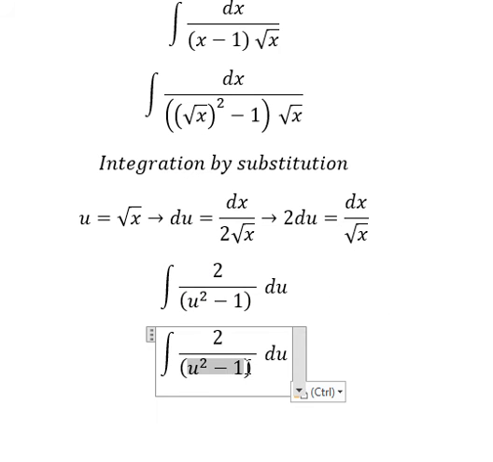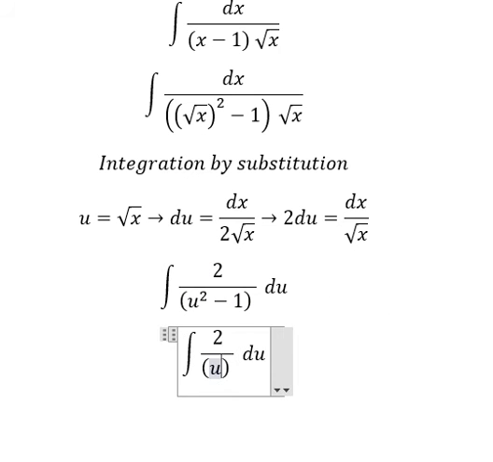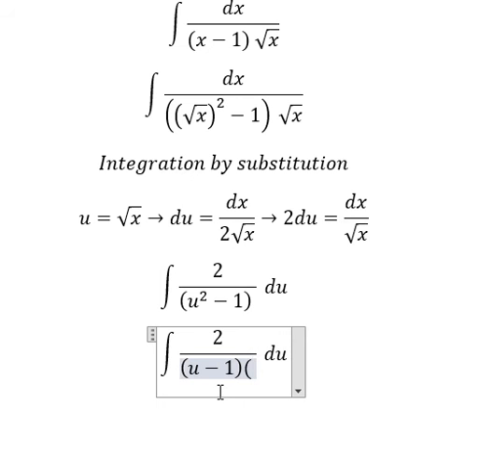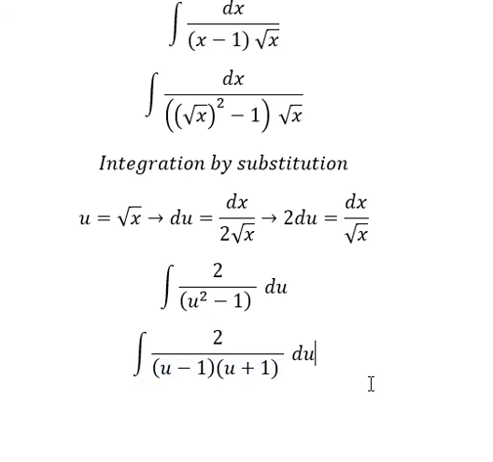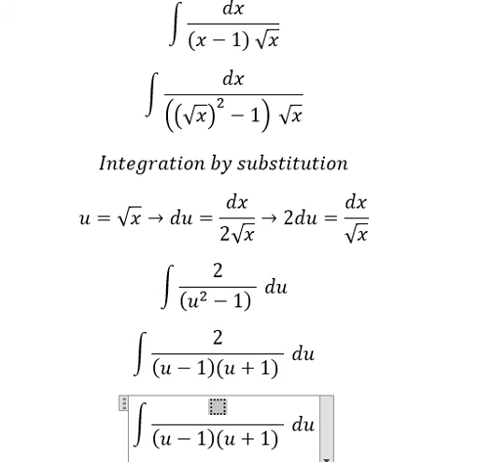So this one is u minus 1 multiplied by u plus 1. So number 2 is 1 plus 1.